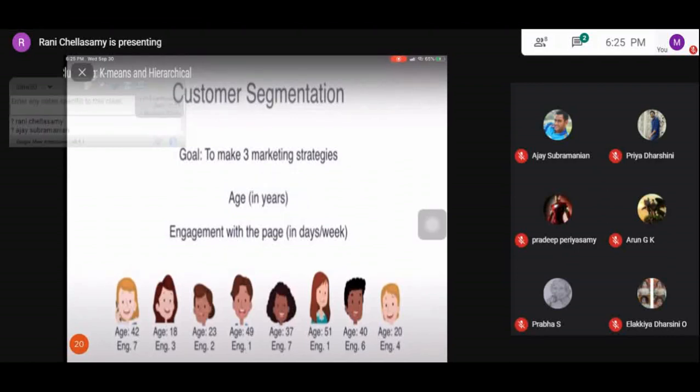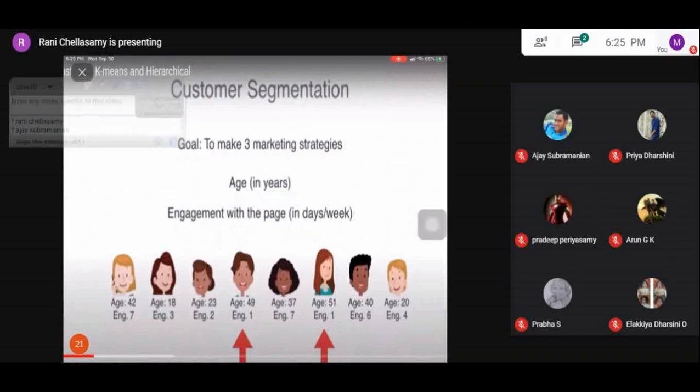Now you could find 2 ages, 49 and 51. These people belong to the age group around 50 with engagement 1, so 1 day per week. These 2 people will form one group.